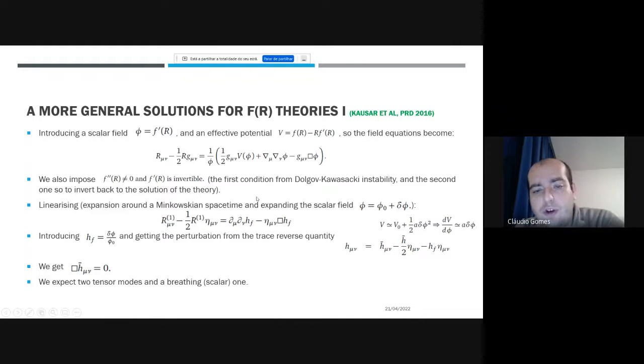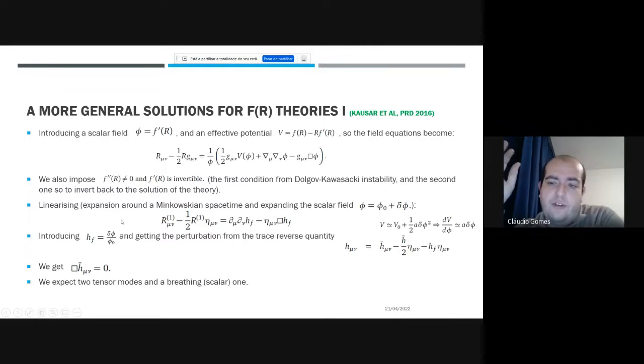The first condition arises from the so-called Dolgov-Kawasaki instability, so that we cannot have instabilities in the Ricci scalar. And the second one is obvious: this is a mathematical approach. We need to invert to get the solution for f(R), so it needs to be invertible.